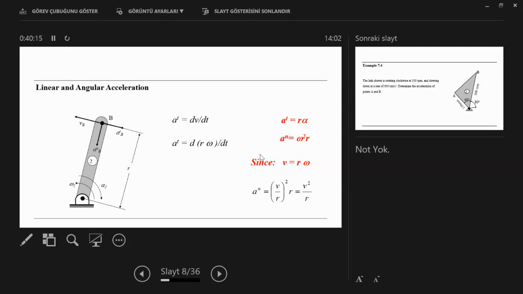We also know that the acceleration is in the opposite direction, not in the same direction. For example, think of traveling by dolmuş, which is very famous in our country. Where are you from? From Syria. Do you also have dolmuş culture in your country? Maybe yes. In Egypt?